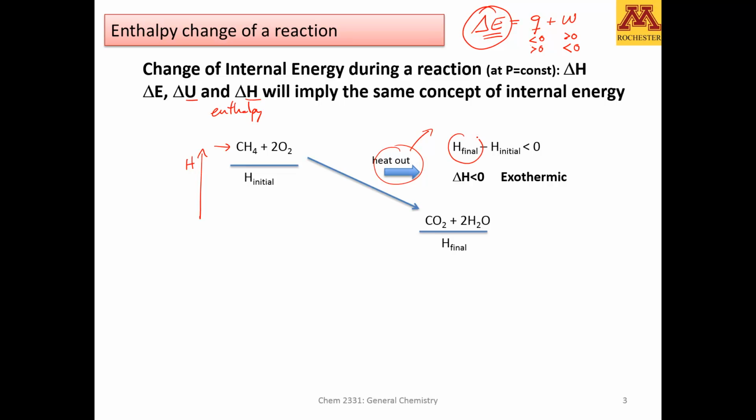Therefore the total final internal energy is lower than the initial, therefore you're subtracting a larger number from the final. This is negative. We will call this an exothermic reaction, which makes sense. It gives off some thermal energy, in this case some heat.